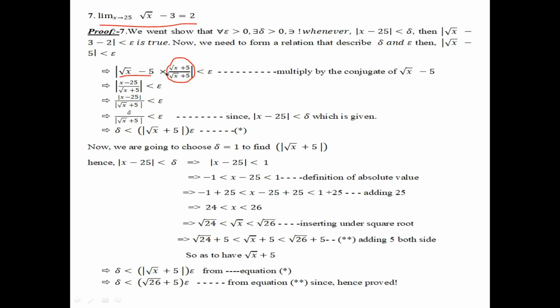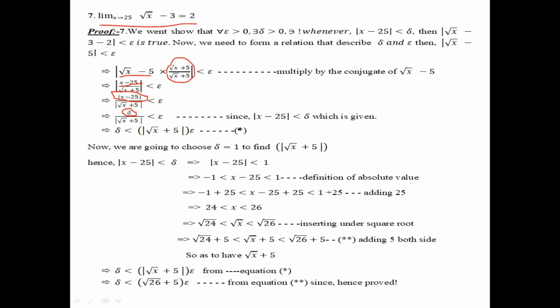So I need to have x minus 25, then multiplying both numerators, and the denominator is radical x plus 5. At this stage x minus 25 represents delta. Instead of this value, I have substituted delta over the absolute value of radical x plus 5 less than epsilon.